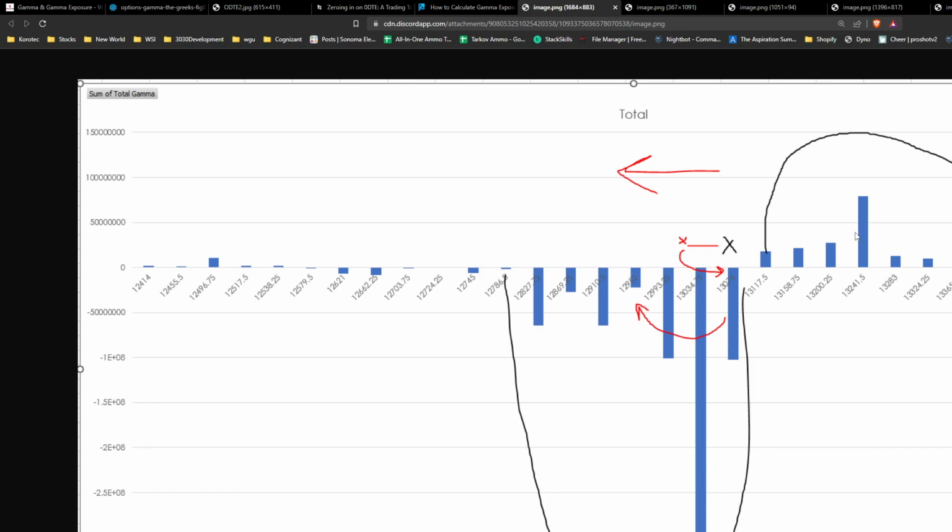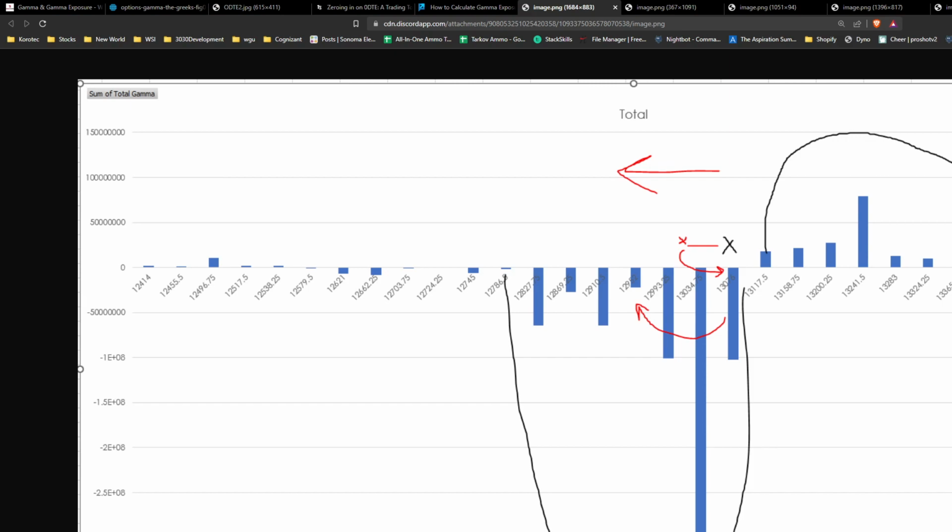Now, with that being said, different characteristics are going to come out based on not just the OI book, but also these levels and what happens. So obviously when we see a high gamma level, like 13,034.75, that means there's a lot of gamma that's stacked there, a lot of at the money gamma that's stacked, a lot of money and activity at that level, so to speak.